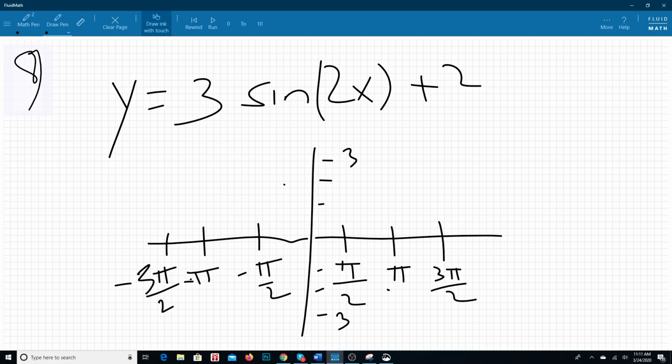I'm going to have an amplitude of 3. So when I graph that, let me see, graphing in red here, and go up. I'm going to go right around here, go down right around here. Go up right here.